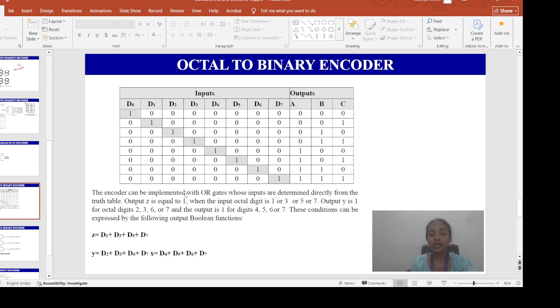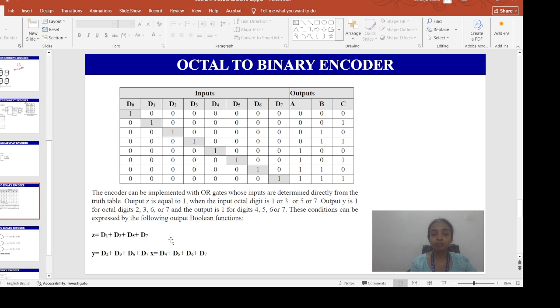So we represent it like this: Z is D1 plus D3 plus D5 plus D7, Y is D2 plus D3 plus D6 plus D7, and X is D4 plus D5 plus D6 plus D7.